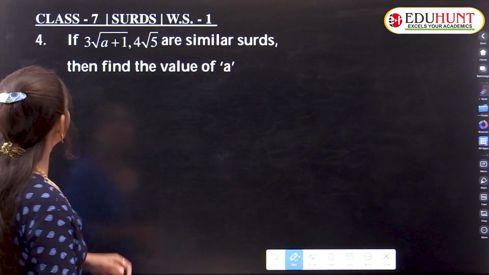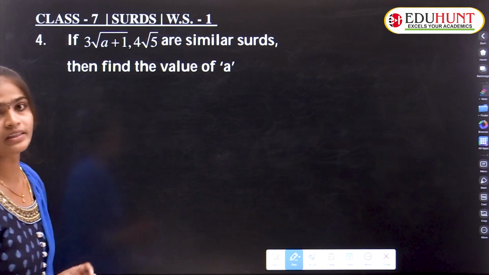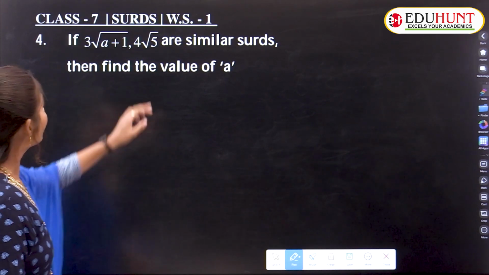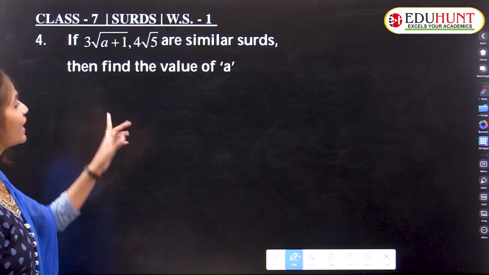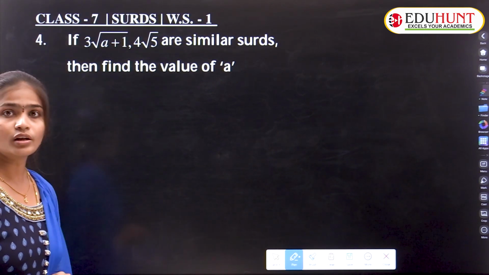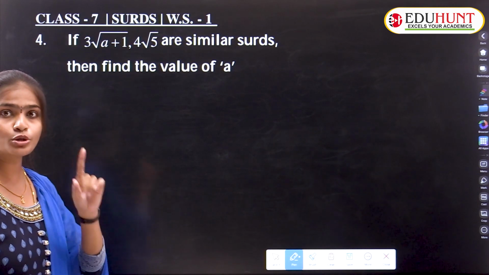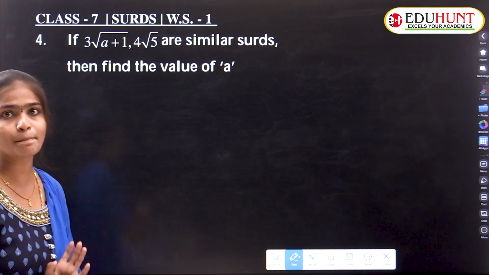The next question is, if 3 into root of a plus 1 and 4 into square root of 5 are similar surds, then find the value of a. And already we know that similar surds means they should have the same irrational part.